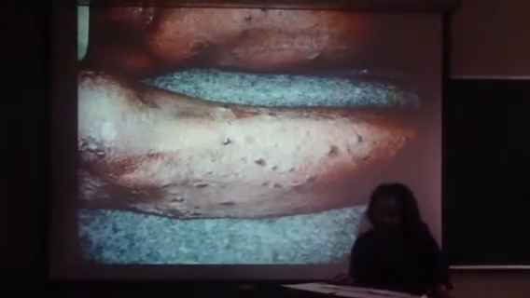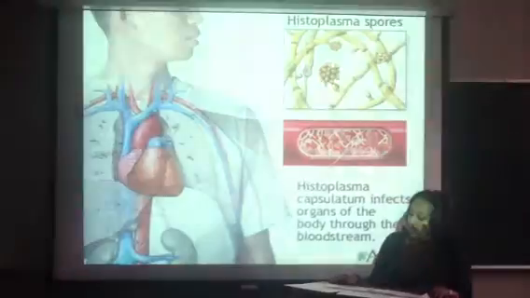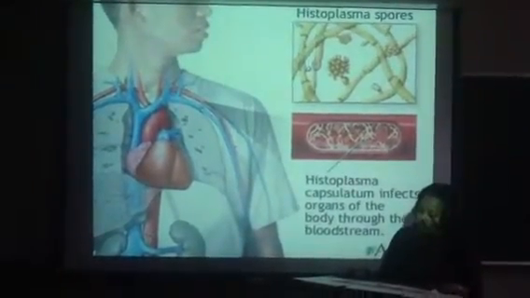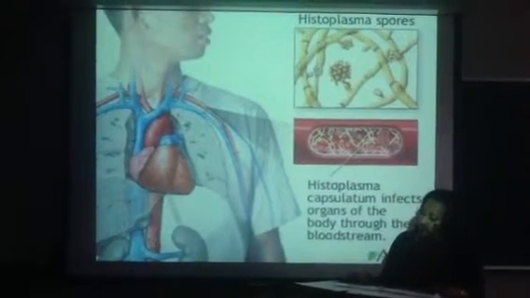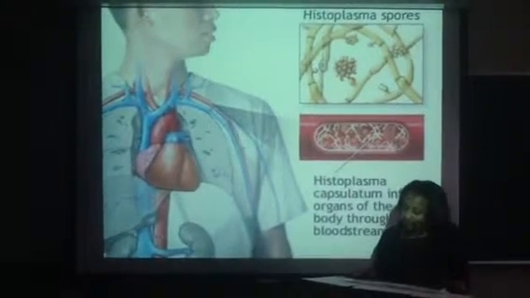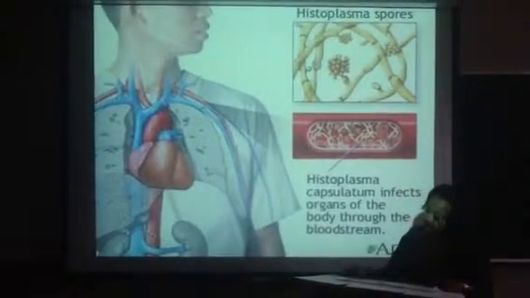The other form of histoplasmosis we're going to talk about is systemic histoplasmosis. This can also follow the spread of infection from the lungs. This is normally seen in AIDS patients, and it can spread rapidly, and it's severe and fatal.